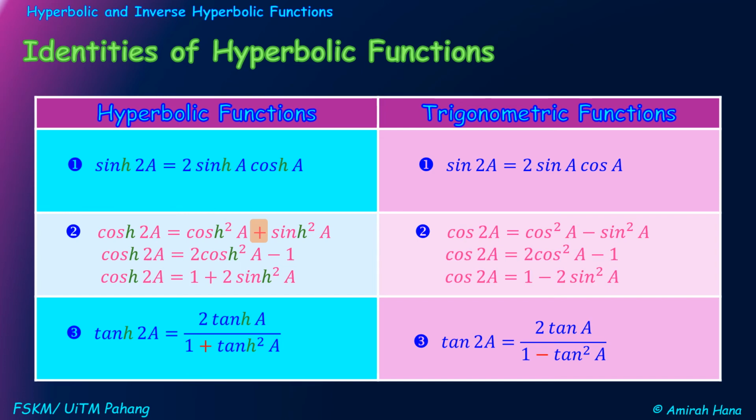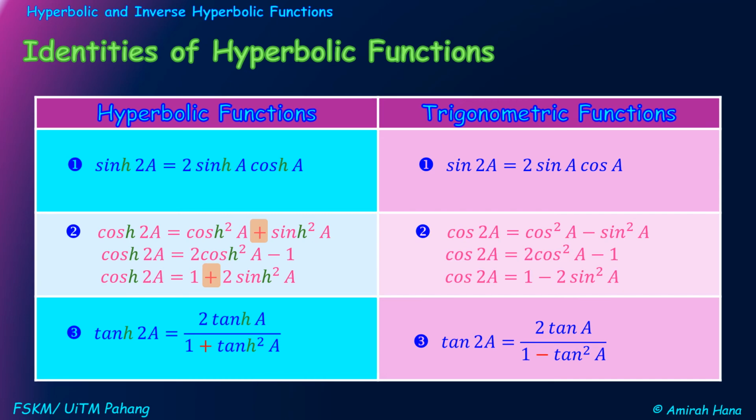But in trigo function, we have minus sign here. And then formula number 2 for cosh 2a, when we compare with formula number 2 for trigo function, it looks similar. But under trigo function, no h. And under hyperbolic function, we must use h. And the signs are equal, meaning minus sign.